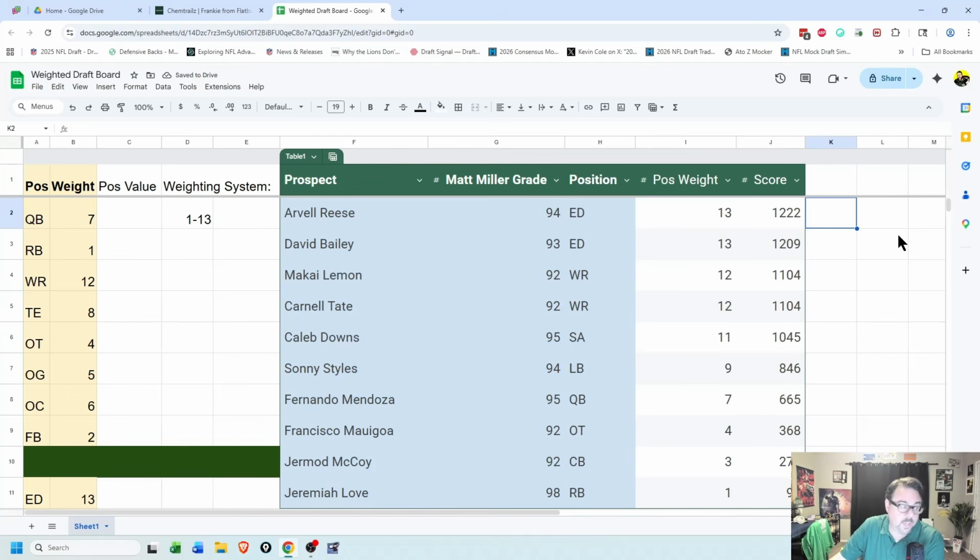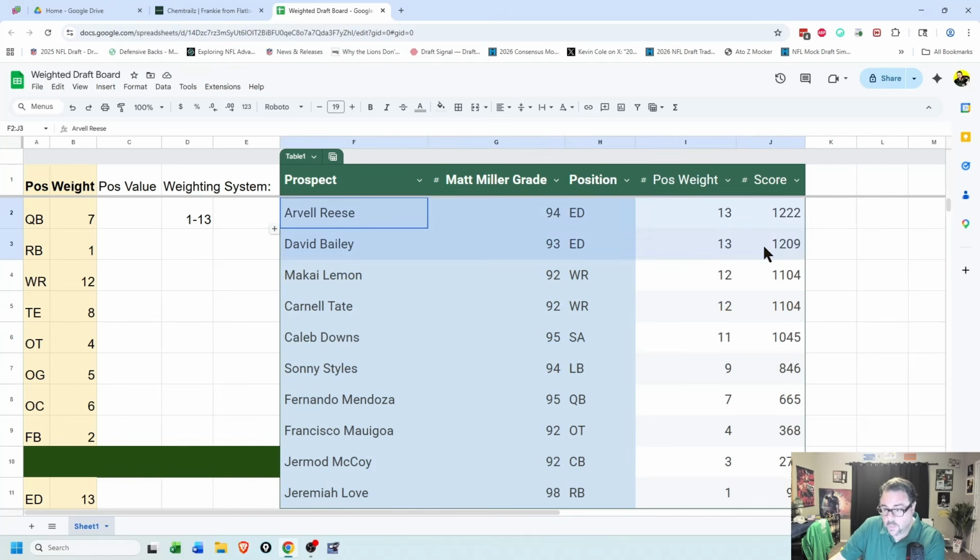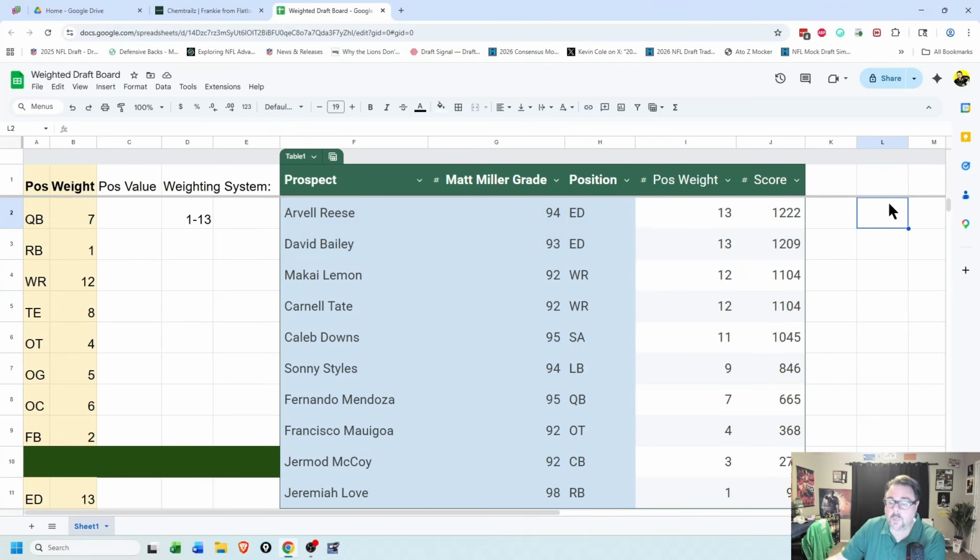Now you see why the discussion is Reese or Bailey, because Reese and Bailey come out 1-2. Why is that? You take the score that you graded them as a prospect, multiply it by the positional weight that you gave based on what you need, and that gives you the score. So this tells you that if you're picking second and Reese and Bailey are there, you should take Reese.